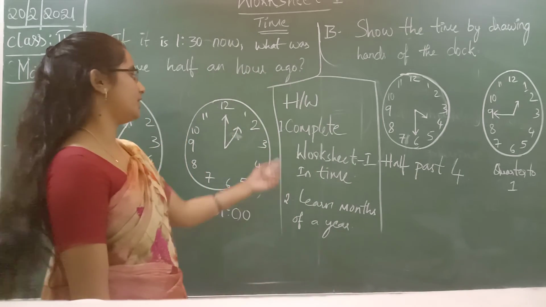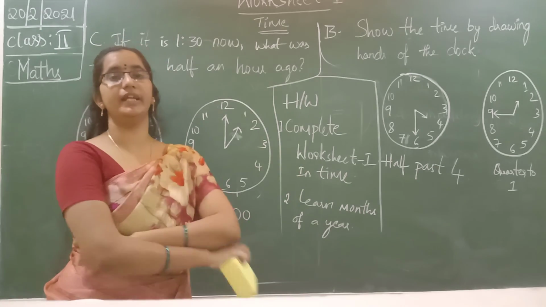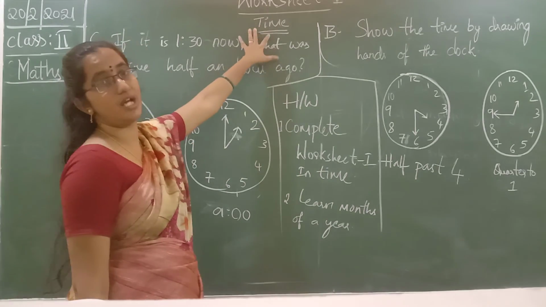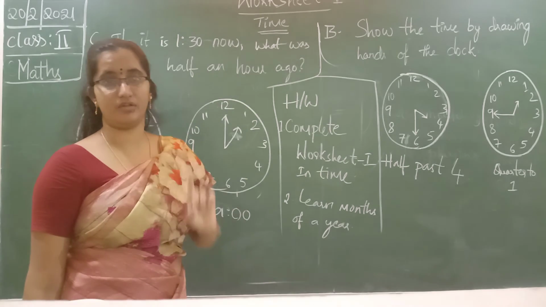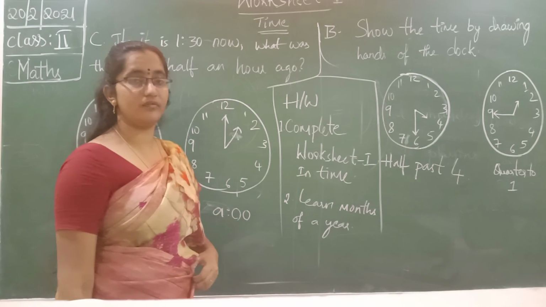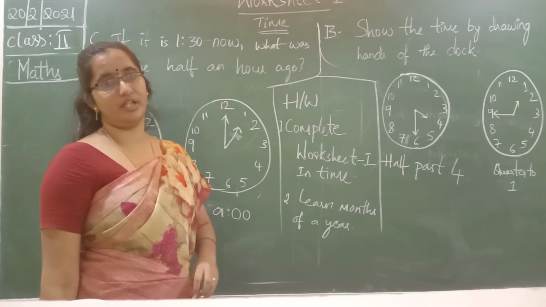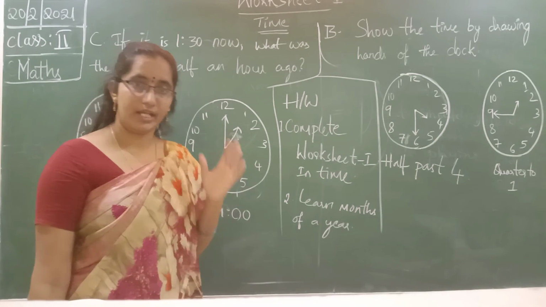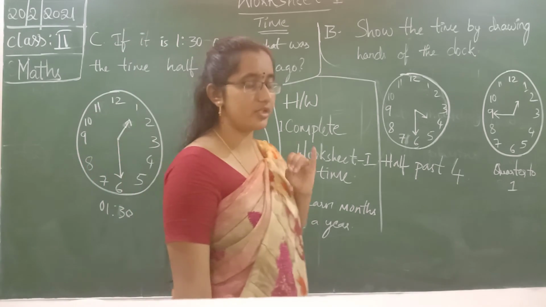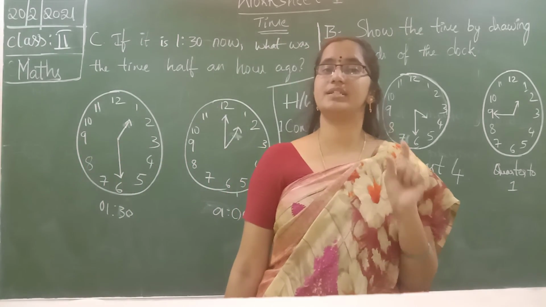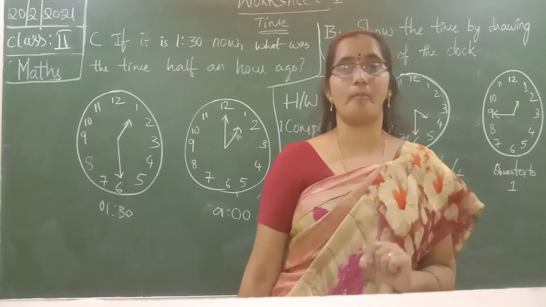See the first one, complete worksheet 1 in the time chapter. Next, the second one, learn the months of the year. You have to learn what the months are, and please read your spellings properly.